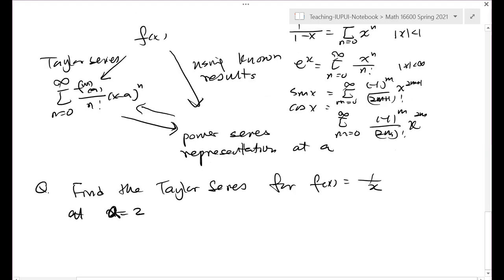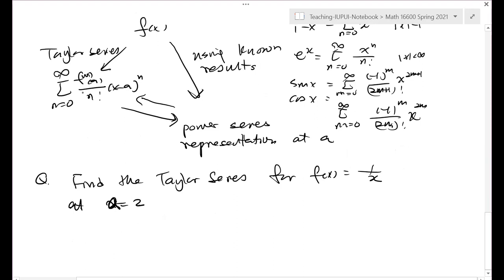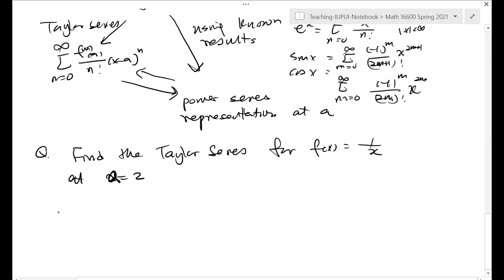That is the question, and you have two options. Look at the picture: you want to find a Taylor series. Method one, use the definition of the Taylor series.